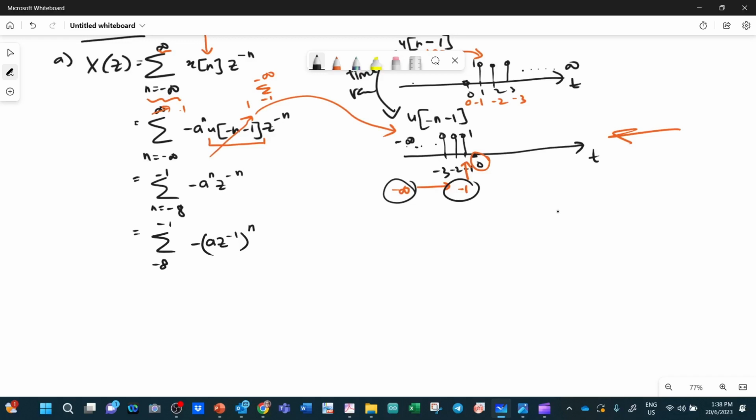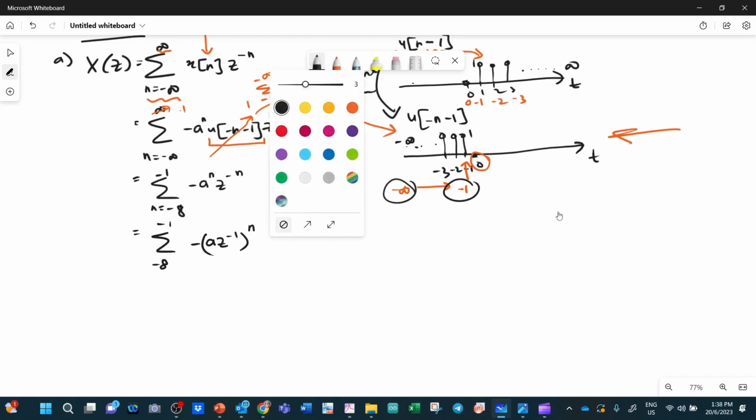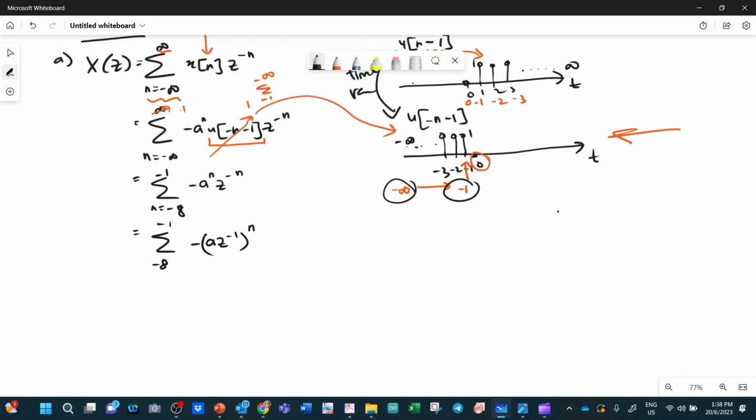Okay, and if you look at the equation that we did in the previous example, we want to solve this whereby we want it to start from 0 until infinity. So we want it on the positive side. In order to solve this, we want to reverse the limit, so n becomes minus n.